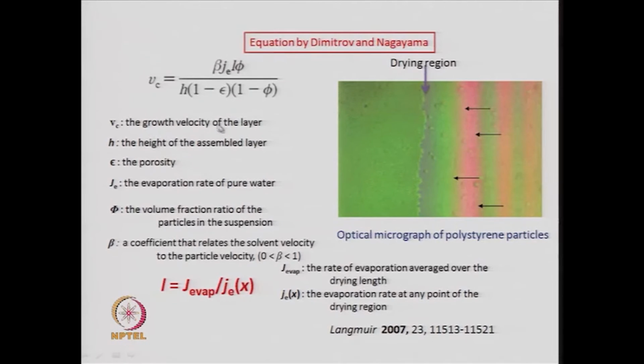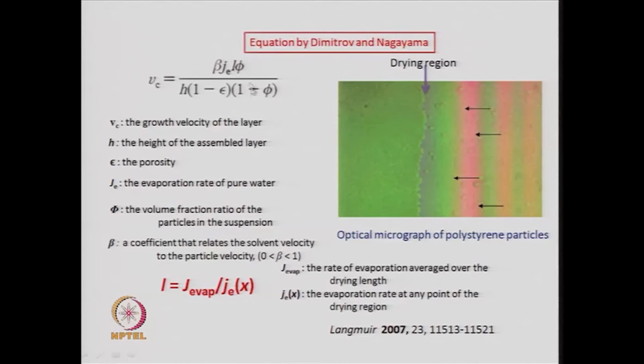So, how these factors affect the growth velocity of the layer: it is dependent on several factors, like the rate of evaporation over the drying length. This is the drying length, and it is proportional to that. Then it depends on porosity, and on the volume fraction of the particles in the suspension, that means the concentration of the particles.